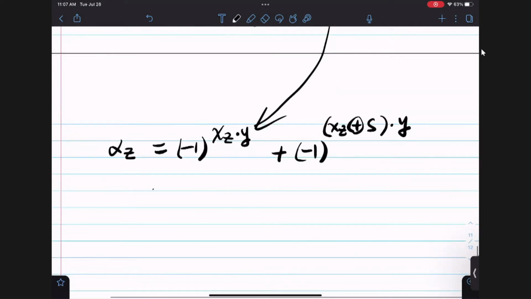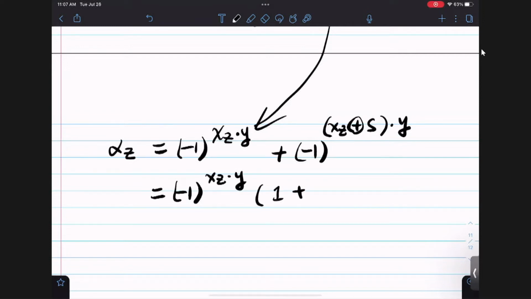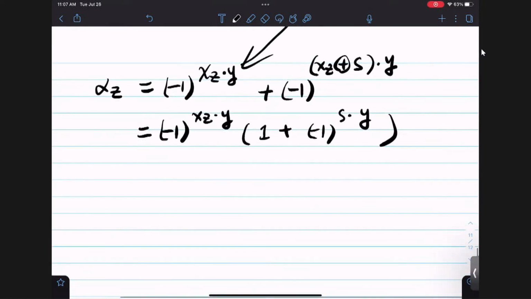Let me pull out (-1) to the xz dot y, and we are left with 1 plus (-1) to the s dot y. Now something interesting is happening. What is this sum I just highlighted?